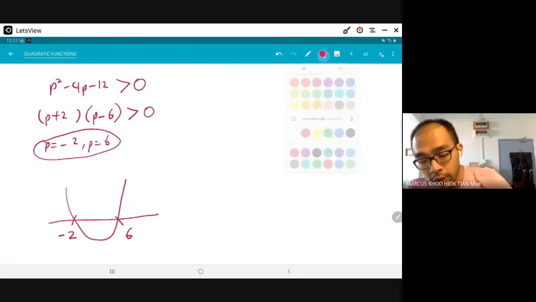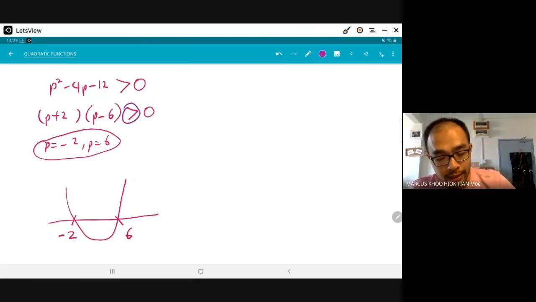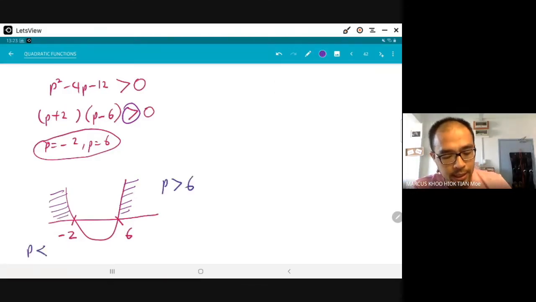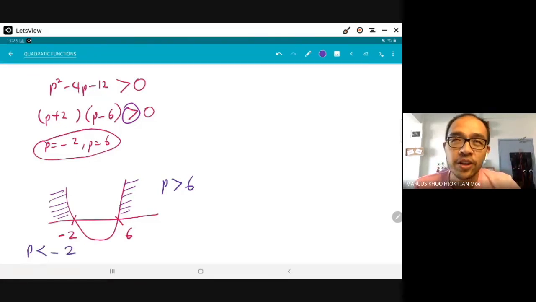Mana yang kamu lorek? Kamu lorek di atas. Okay, dan kalau kamu lorek di atas, macam mana dia punya bentuk jawapan? p is more than 6, p is less than negative 2. Okay, you will find that sampai ke SPM lah, sampai ke penghujung form 5 kan, you will still make mistake in this method one.